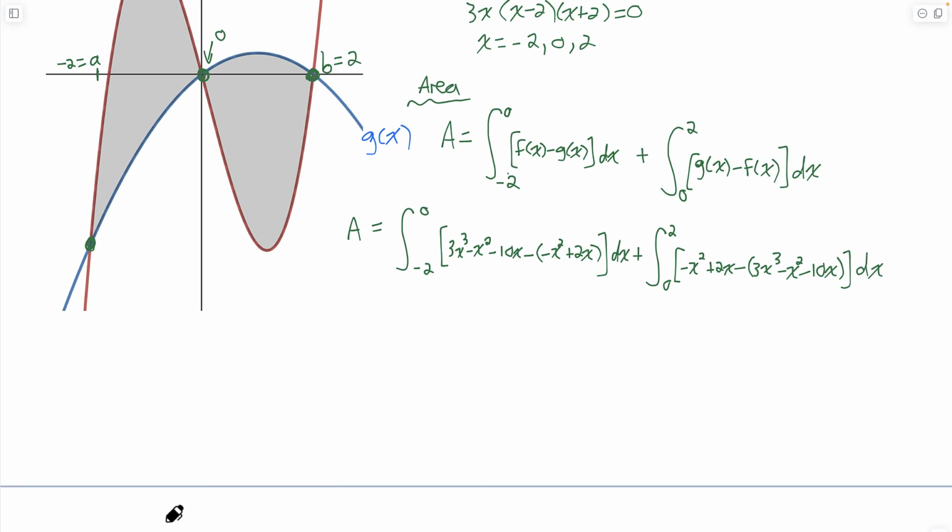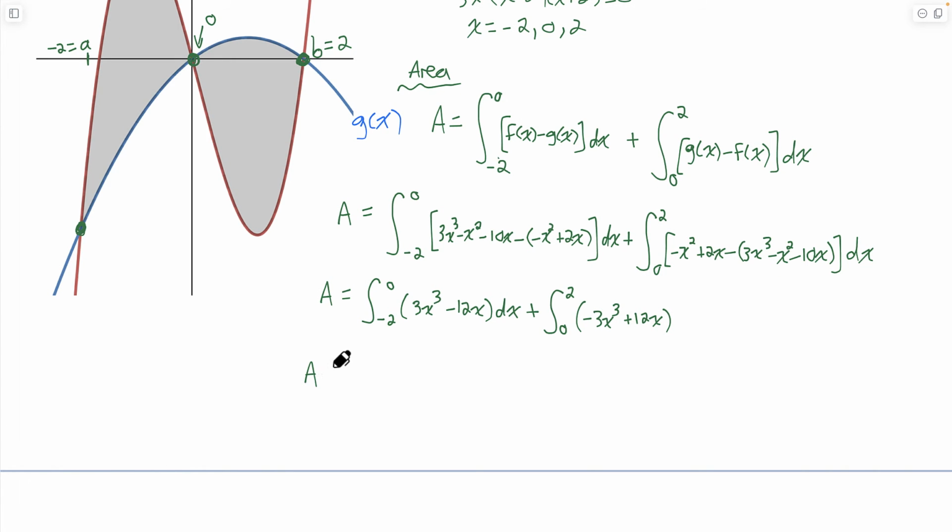Before I do any antiderivatives, let me start by simplifying those integrands. And now I will find the antiderivative of each of those integrands.